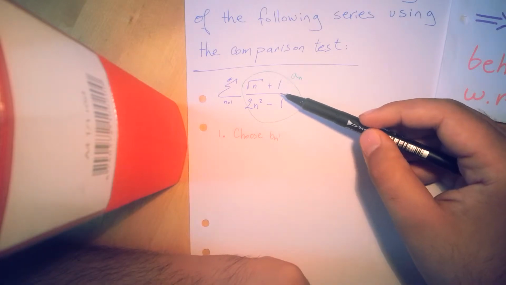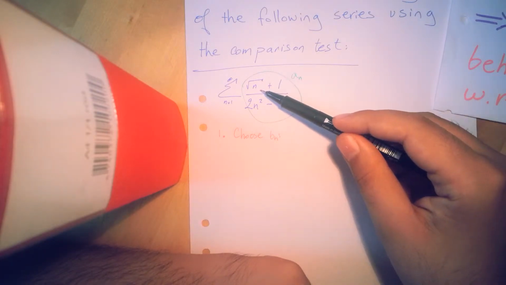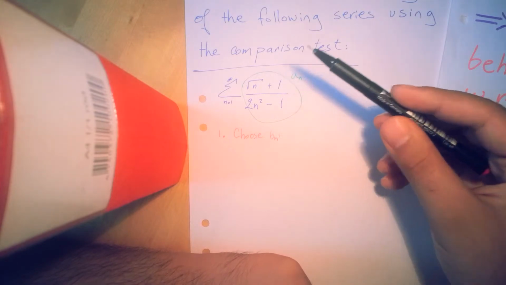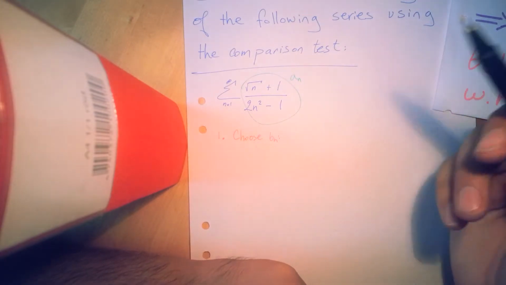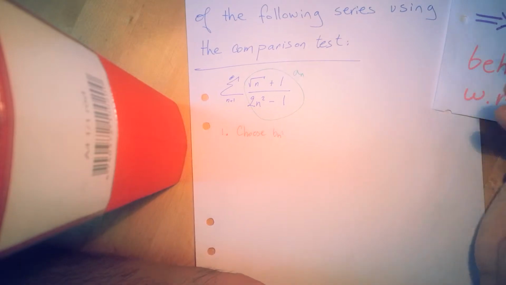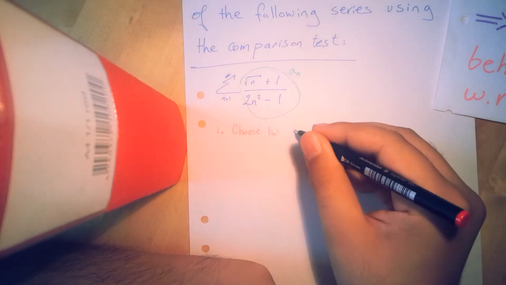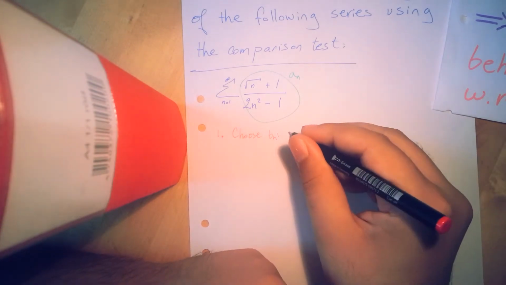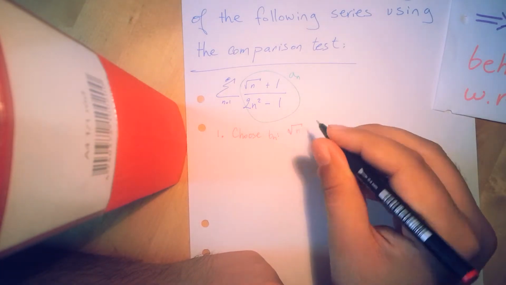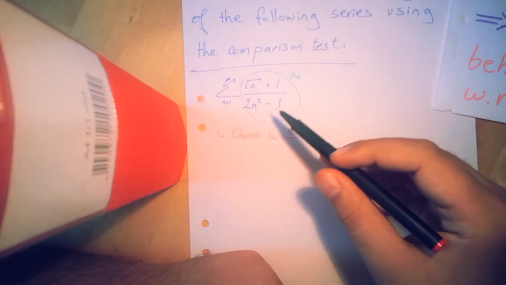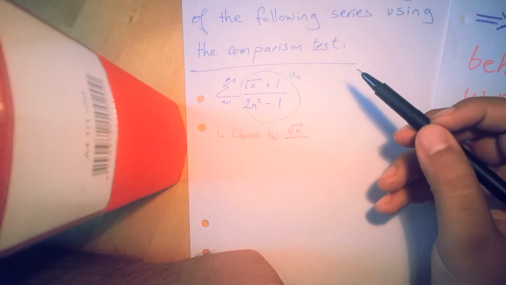Well, when n is a really large number, then the square root of n is still an extremely large number, and this 1 doesn't really matter that much, because just adding 1 to a trillion is not really that significant. So we can take that square root of n here, and we can say that that's our numerator for bn. And down here we do the same thing. When n is really large, this minus 1 doesn't really matter.